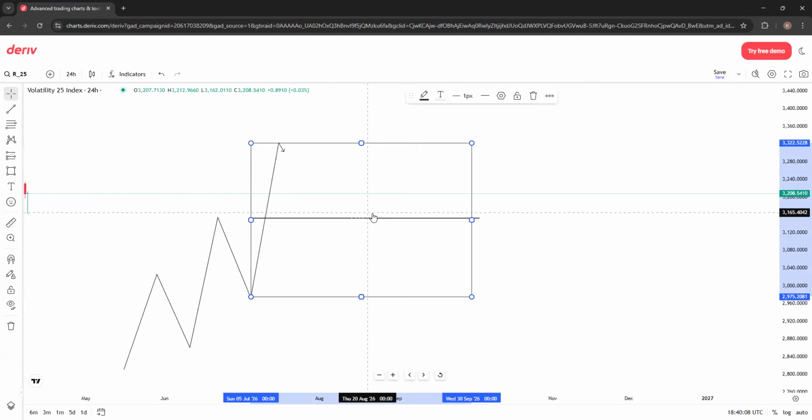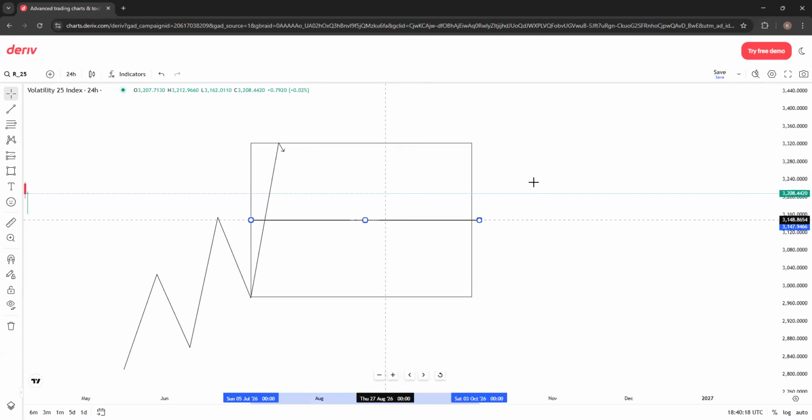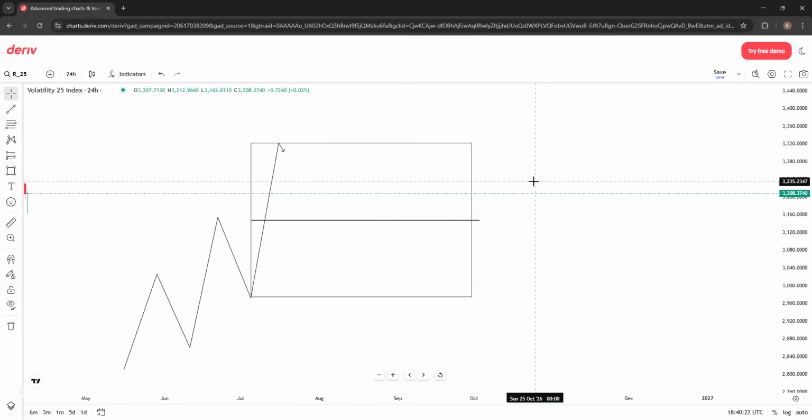So let me mark it properly so that we see our equilibrium point. Right. So let me do this, and this is now our equilibrium point. As you can see, this is our half of the box. This is now what separates the high and the low. This is the 50-50% of the high and the low.